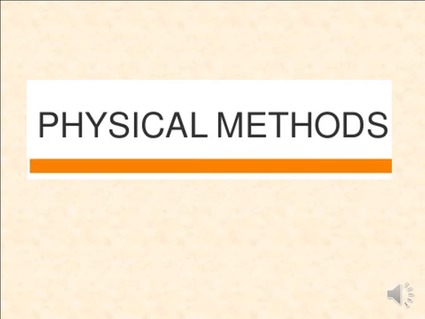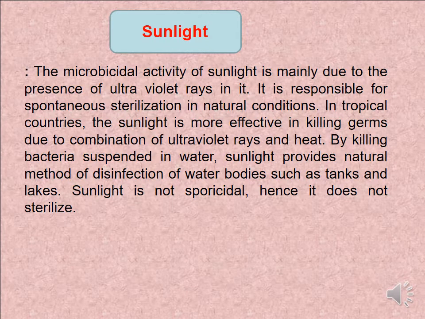We start with the first method, physical methods. The first physical method is sunlight. The microbicidal activity of sunlight is mainly due to the presence of ultraviolet rays in it. It is responsible for spontaneous sterilization in natural conditions.